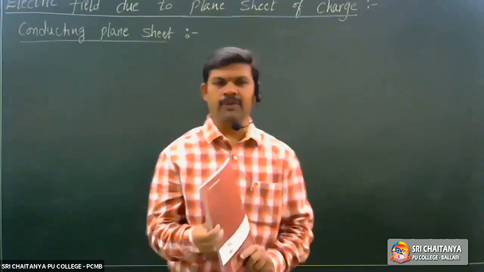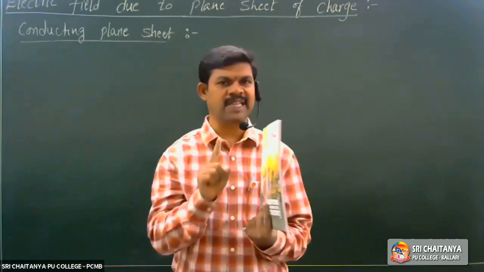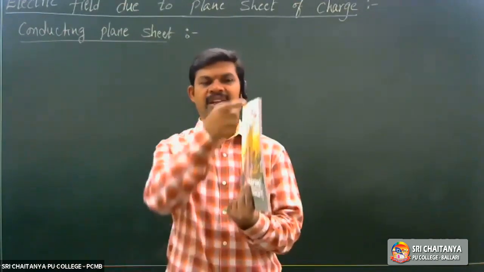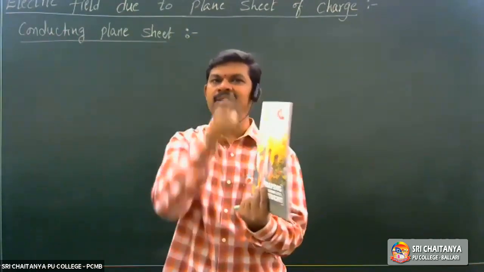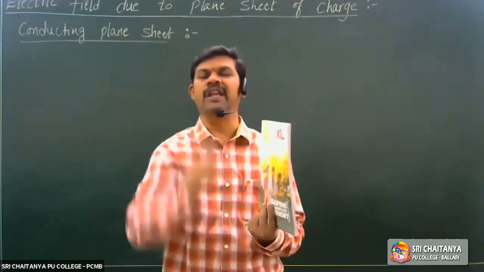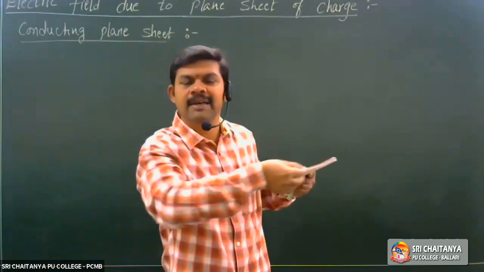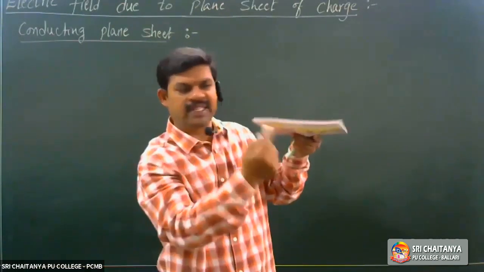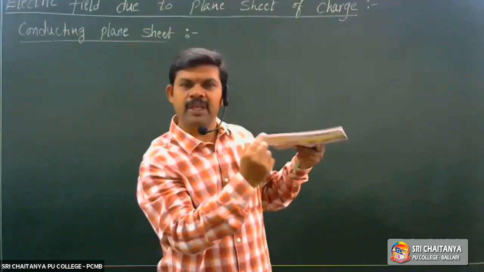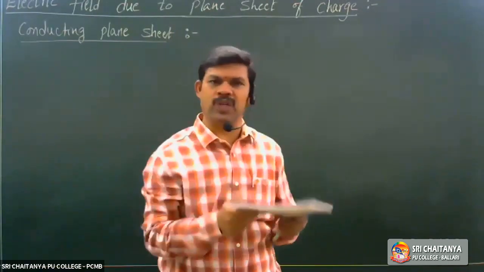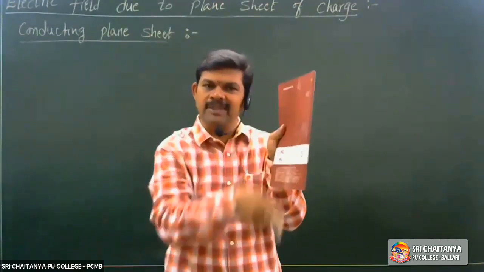We already know whenever we give charge to a conducting body, that charge resides on the surfaces. Between this surface and this surface, as it is a little thicker, there is an inner region. In this inner region, there is no charge. So whatever charge is given resides on this surface and on this surface.